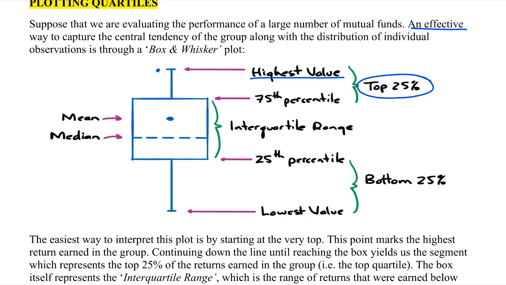Now, the first misconception is that, shouldn't this segment here be the same as that segment there? Absolutely not. Because all we're measuring is the top 25 performers. What if these top 25 performers had return figures that were very close to each other, whereas the bottom 25% of the performance had a wider dispersion of returns?